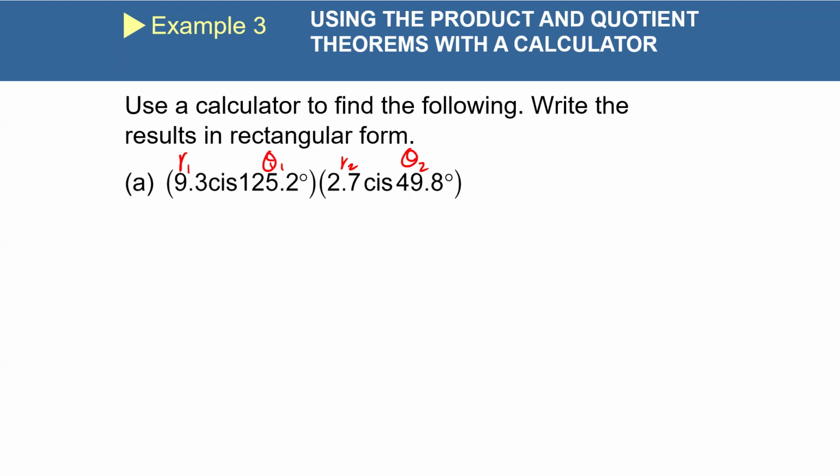And because I'm finding the product, I'm multiplying. I know that I'm multiplying my radii, and I'm adding my angles. Agree? Because its product is multiplying, we're multiplying our radii, and we're adding our angles. Okay? So that's what that's going to look like.